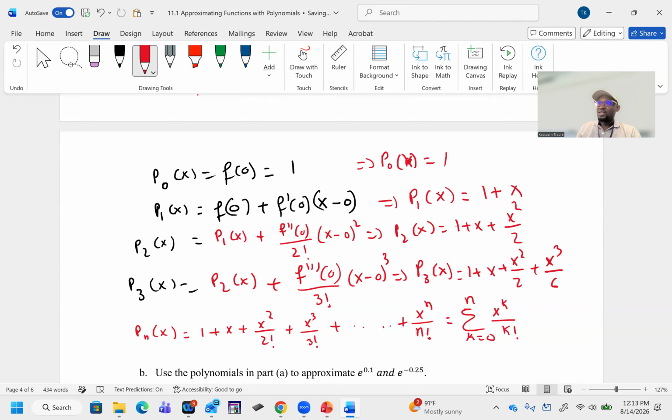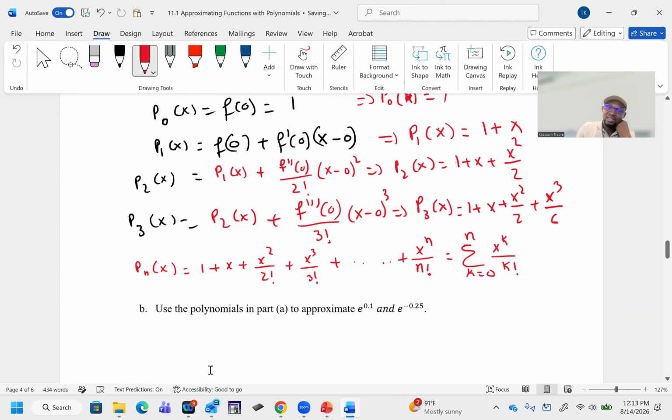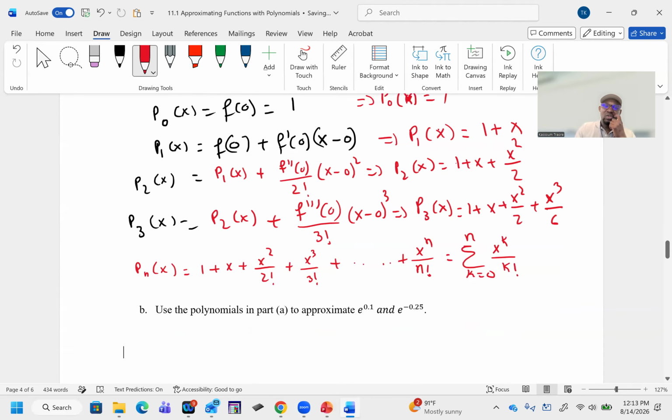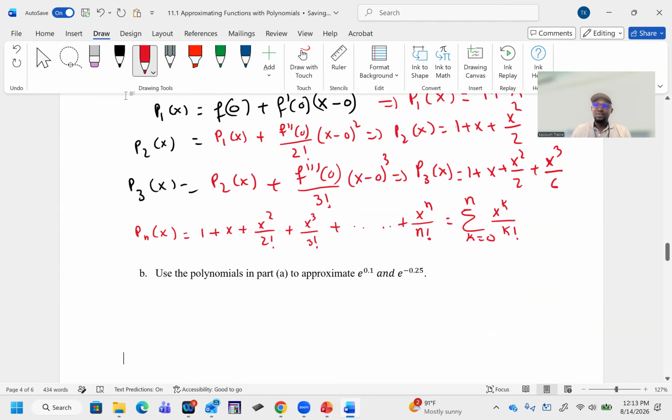So this is the nth order Taylor polynomial of e to the power of x. In case you need it next, you don't need to rewrite. If you can remember this one, it will save you time.